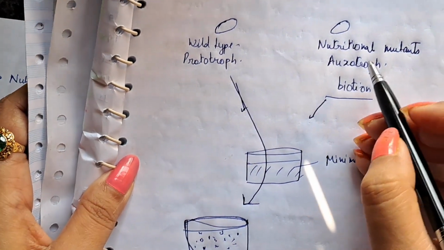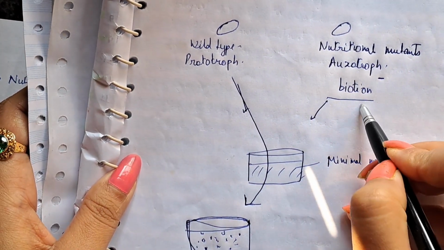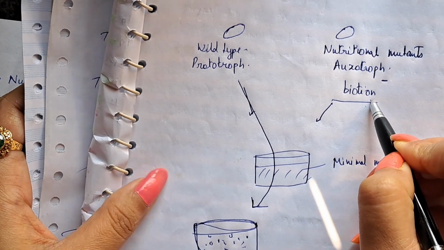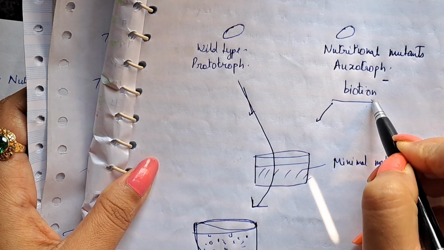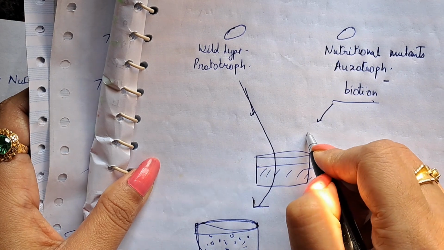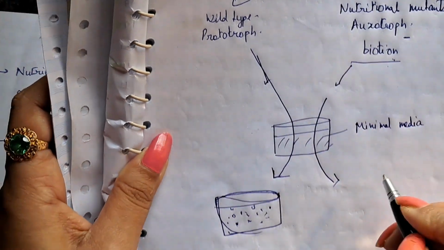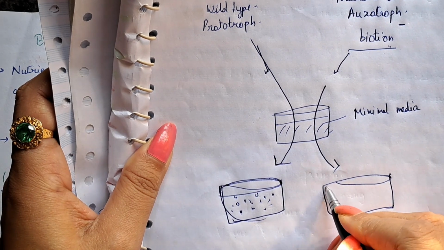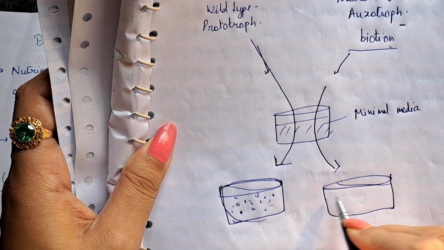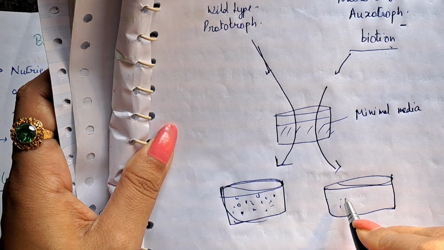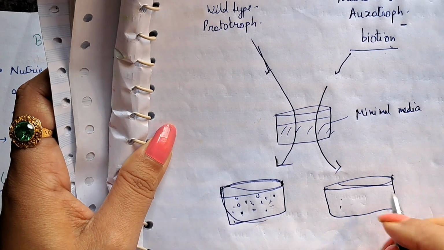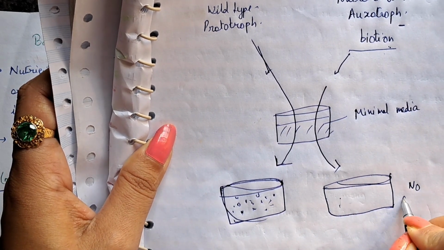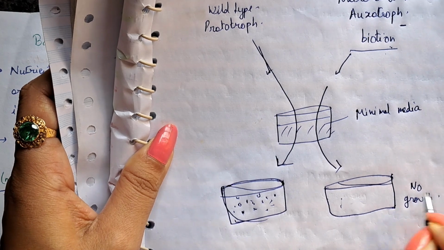Now what about this one? This is an auxotroph, so it cannot produce biotin, which they are supposed to make on their own. When I grow it, I will see that after some time the culture media is actually empty. The media is there, but there is no bacteria, there's nothing out here. So basically there is no growth. And why is this happening?